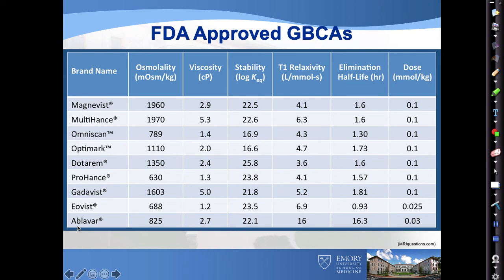And Ablavar is a blood pool agent. With blood pool agents, contrast will remain intravascular for a longer period of time, allowing arterial and venous circulation to be demonstrated because it has a higher molecular weight. So just take a look at all their different properties and their numbers associated with those properties.